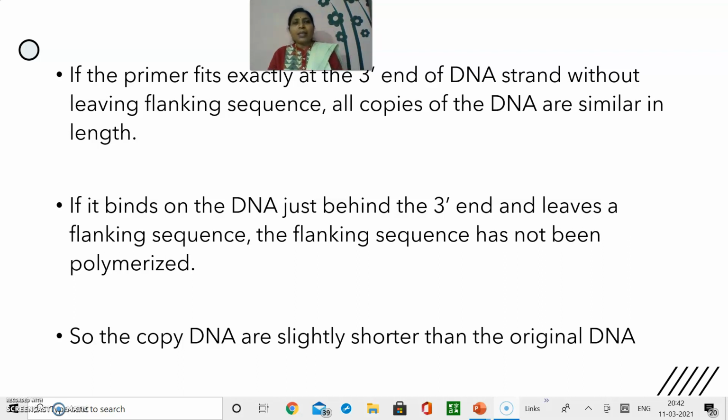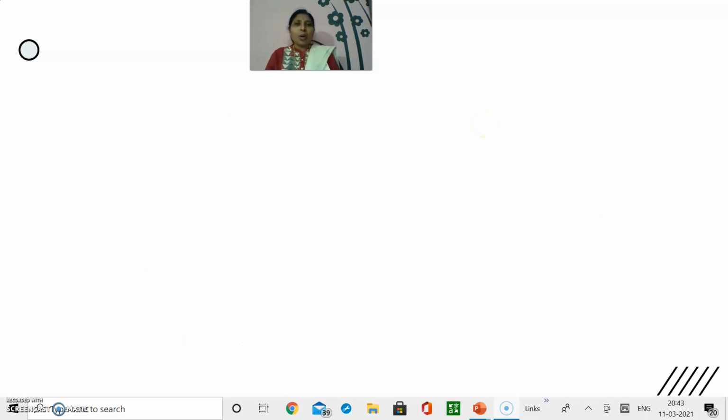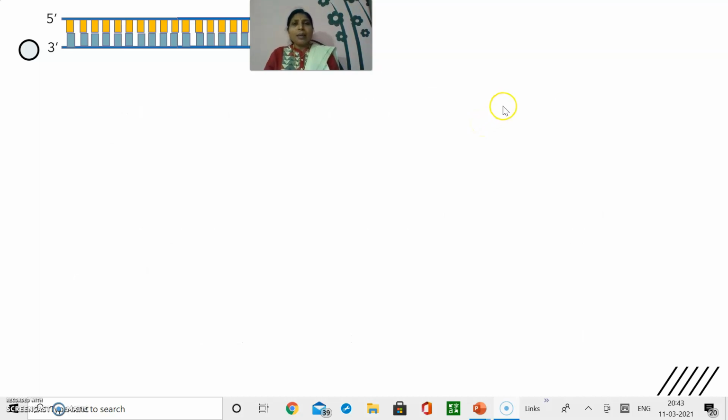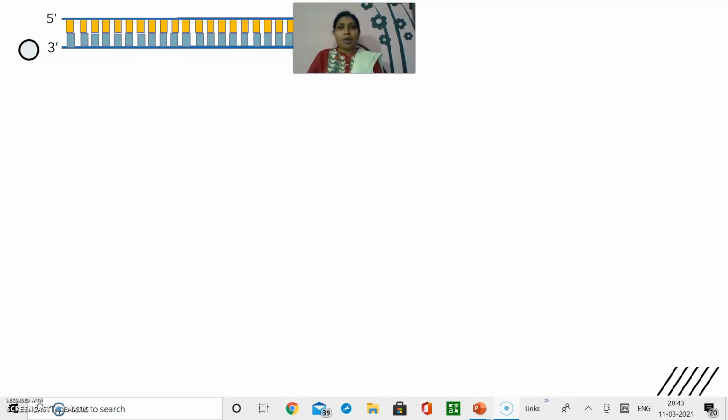It may attach at the end of the DNA, or sometimes it may attach to the template, leaving some sequences. Those sequences which are left over are called flanking sequences. If this happens, at the end of the cycle not all the DNAs will be of the same size, but there will be two differently sized DNA molecules formed as a result of the PCR.